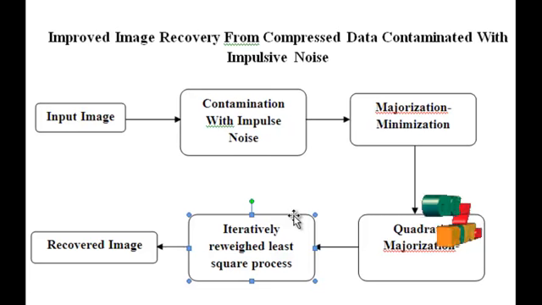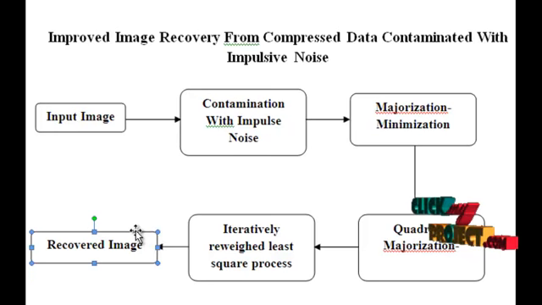Here we are more interested in the convergence rate of the outer loop, that is, how fast the generated sequence converges to the global optimum, assuming the subproblem can be solved with high accuracy. That means the optimization is an iterative process, so in each and every iteration the least squares process is going on. At the end, we are able to recover the original image.